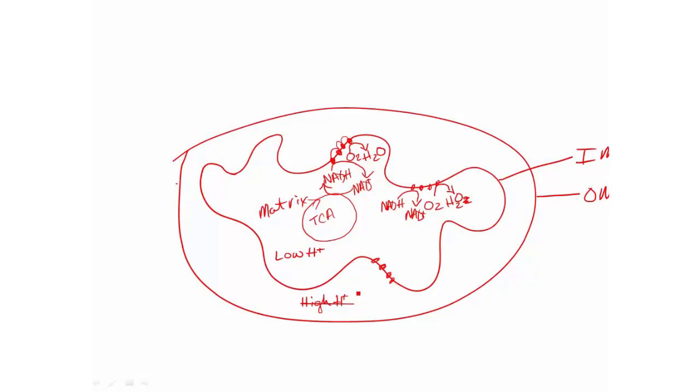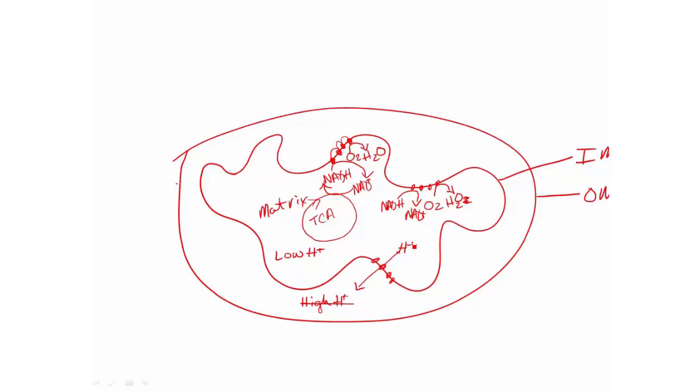We talked about concentrations of ions in different locations in chapter 7. We said that molecules, or ions for that matter, want to move high to low. Well, what the electron transport chain is going to do is, as those electrons are releasing energy, it is going to pick up hydrogens from the matrix and move them to the intermembrane space.